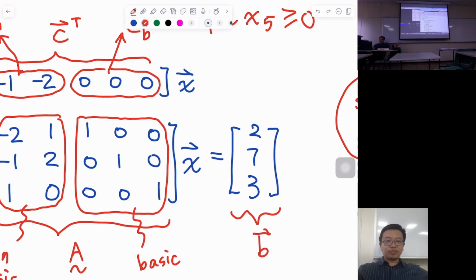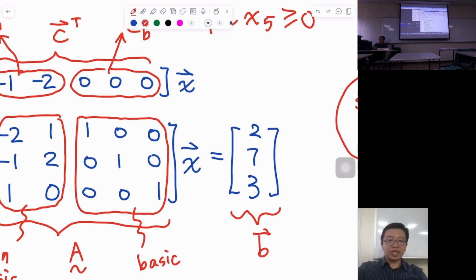So X basic IDs equals 0, and X non-basic IDs equals 0.